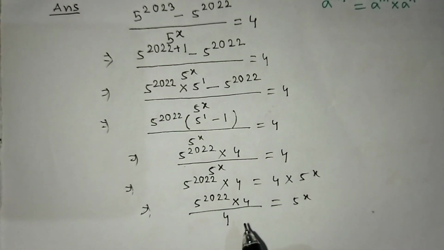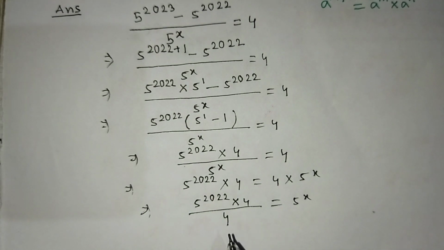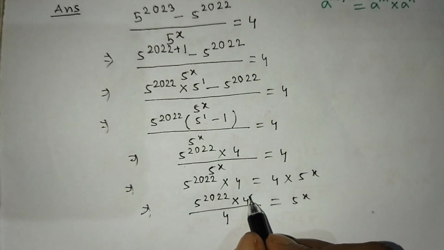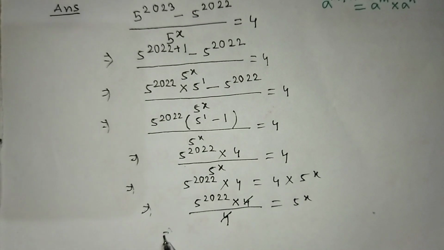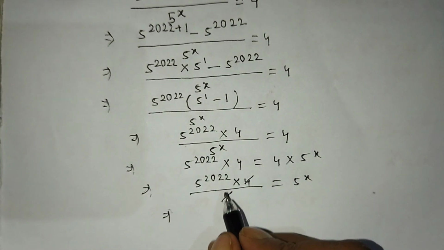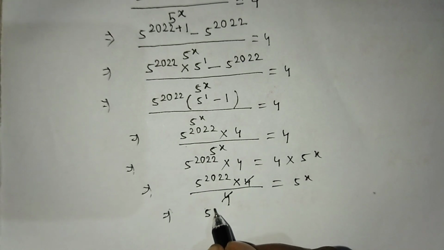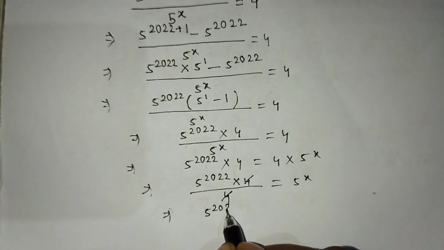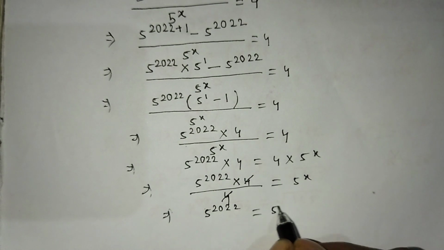So from numerator and denominator we have to cancel the digit 4. So after that, here is 5 to the power 2022 is equal to 5 to the power x.